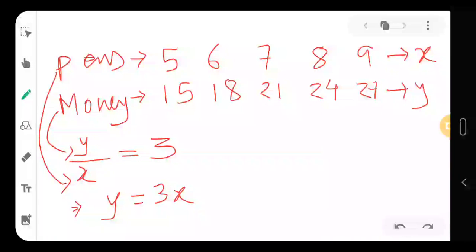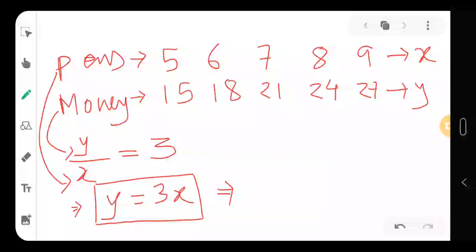This equation means that if I increase x, y will increase automatically. So y is dependent on the value of x here. You put x equal to 1, y will become 3. You put x equal to 2, y will become 6. You put x equal to 3, y will become 9.